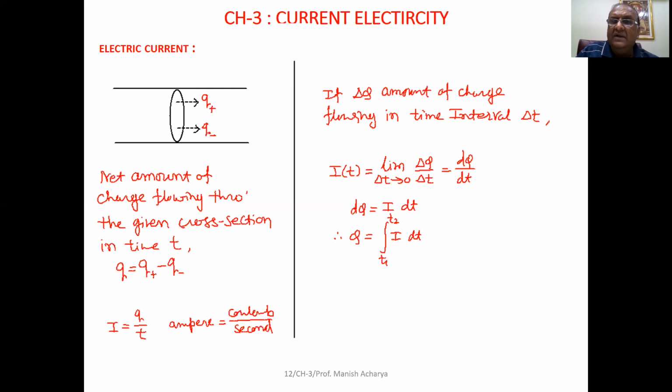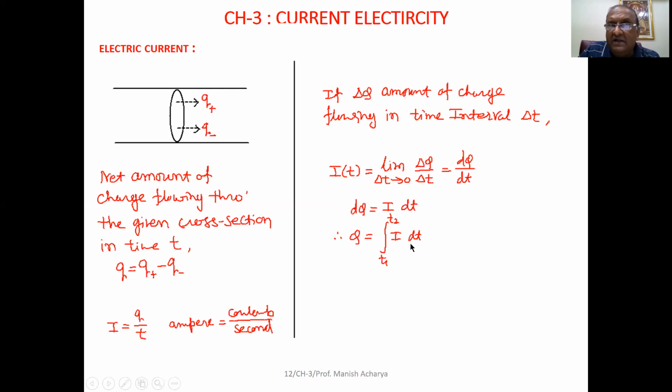Now from this equation, you can calculate the amount of charge flowing through any cross section of the conductor in a given time interval when the conductor is carrying current I ampere. From this, we can write dq equals I dt.